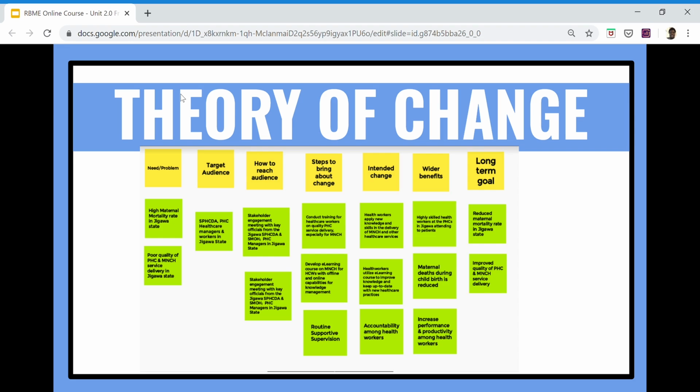So what are the needs? In terms of needs of that state or of that community, it is based on these needs. When I'm able to identify the needs of these people, then I can think about who the target audience is, who I would focus on in my program.